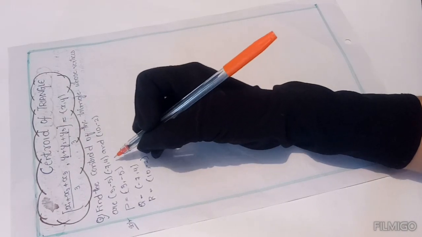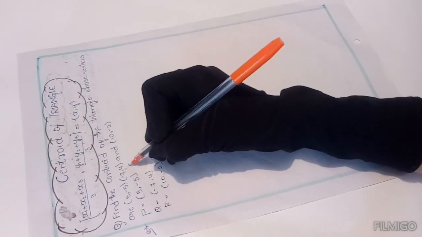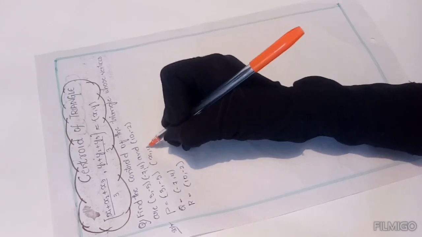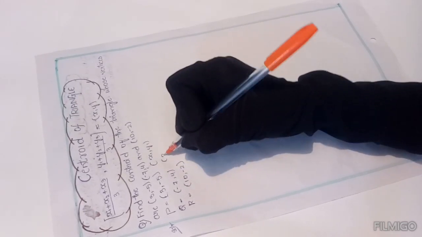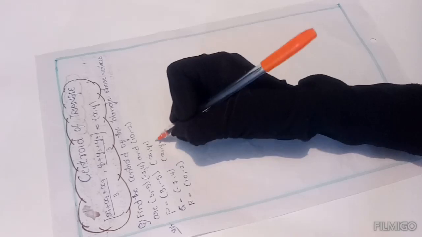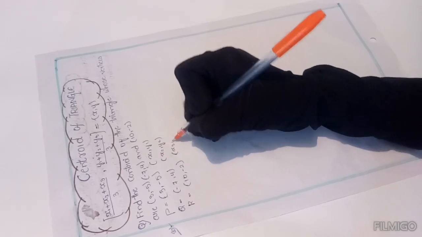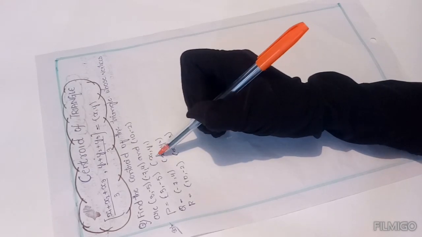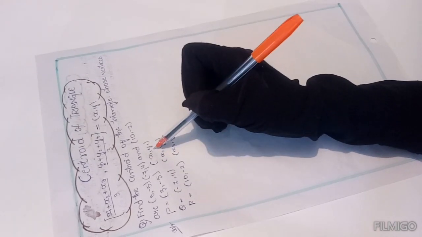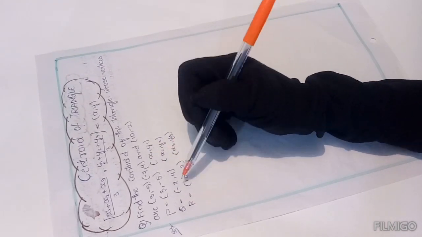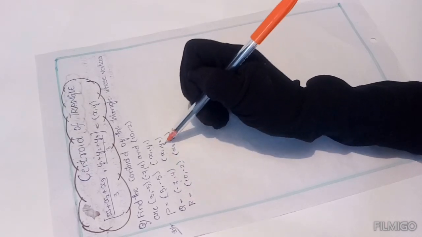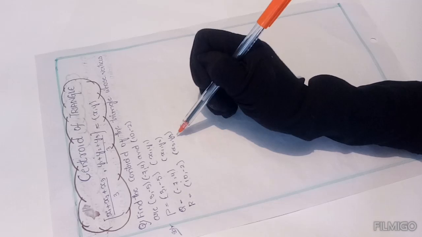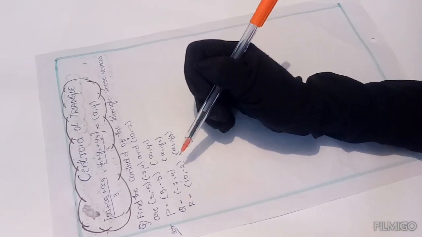Let us suppose it as x1 comma y1, x2 comma y2, x3 comma y3. It means the value of x1 is equal to 3, the value of y1 is equal to minus 5, the value of x2 is equal to minus 7, the value of y2 is equal to 4, the value of x3 is equal to 10, the value of y3 is equal to minus 2.